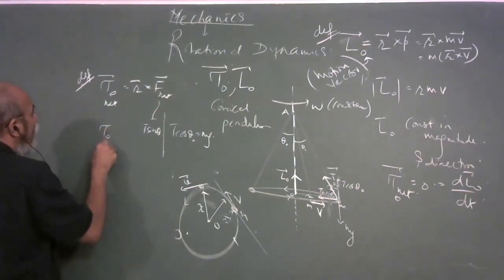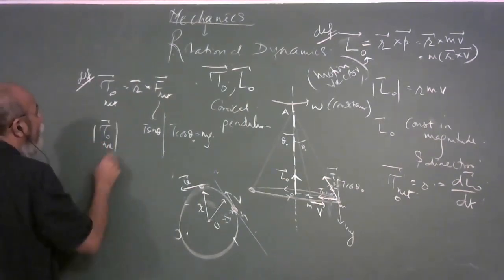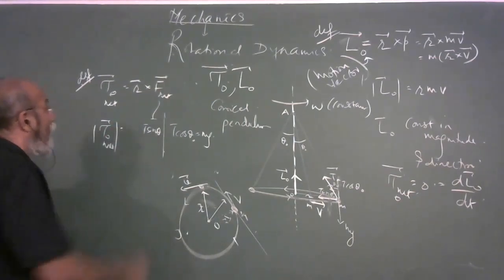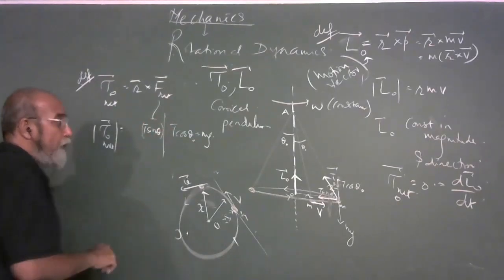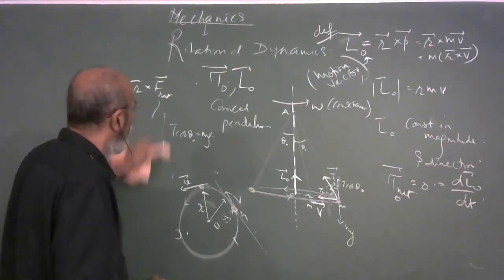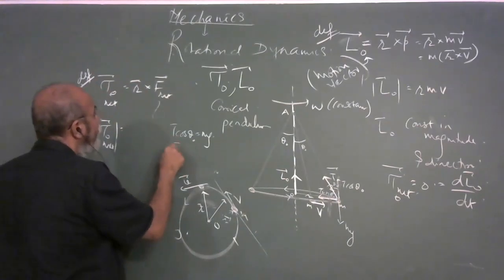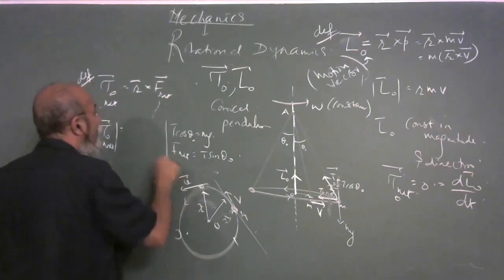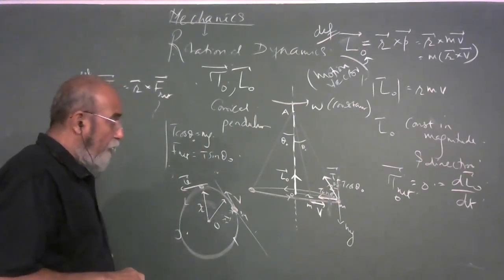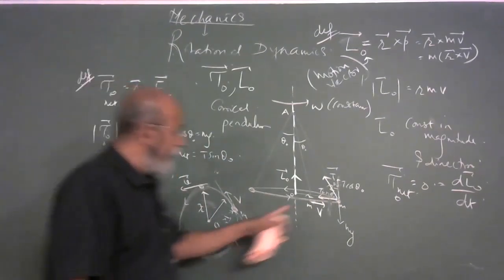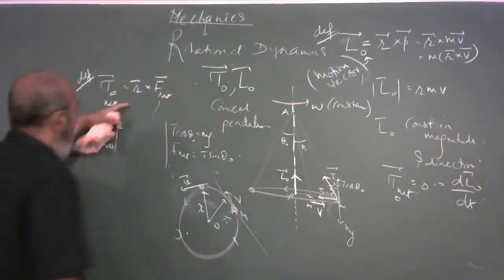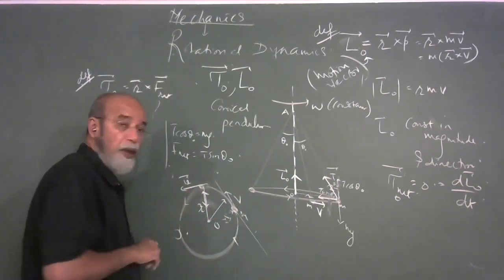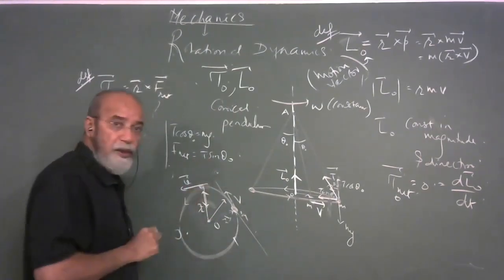And the net torque in magnitude is equal to T sine theta in whatever direction is there, cross R. R is this way and T sine theta is this way.